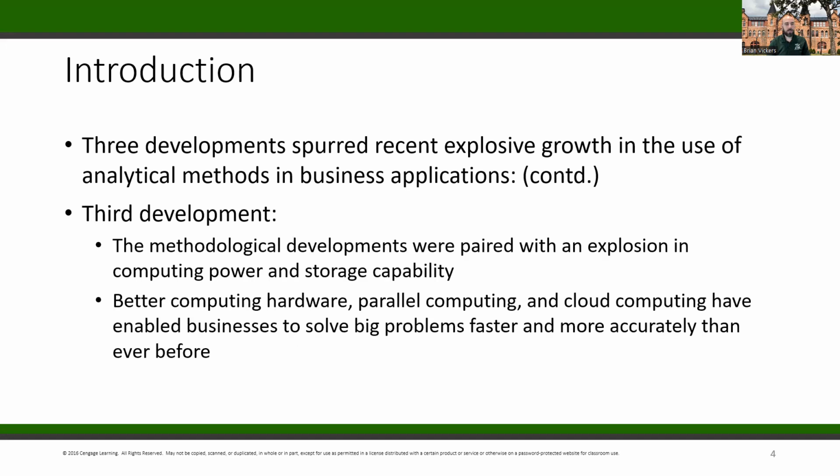And then the last reason is the computing power has risen along with the methodology. Cloud computing is a big reason. The ability to get information from these data warehouses to wherever at lightning quick speeds because we have higher bandwidths than we did in the past.